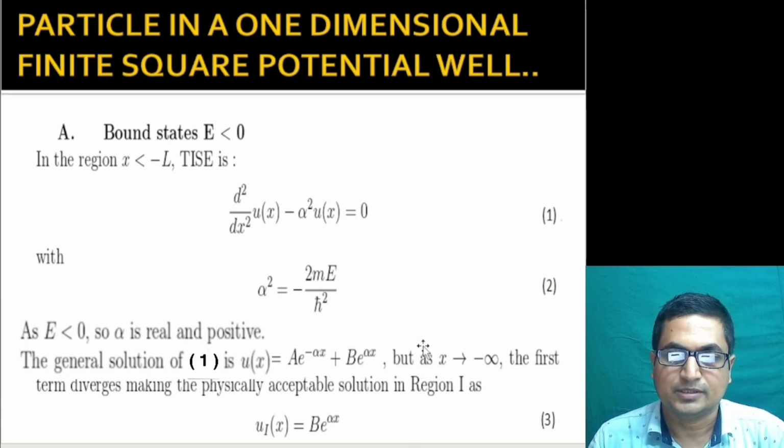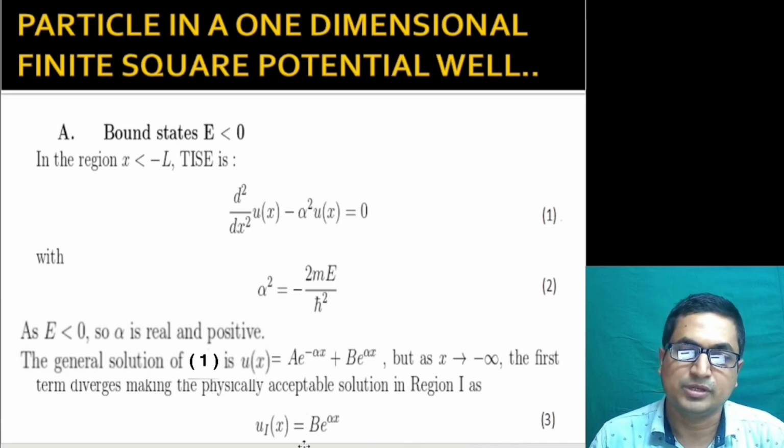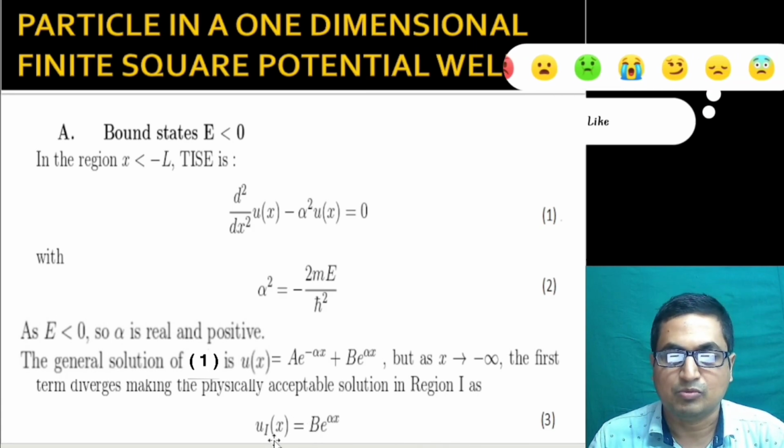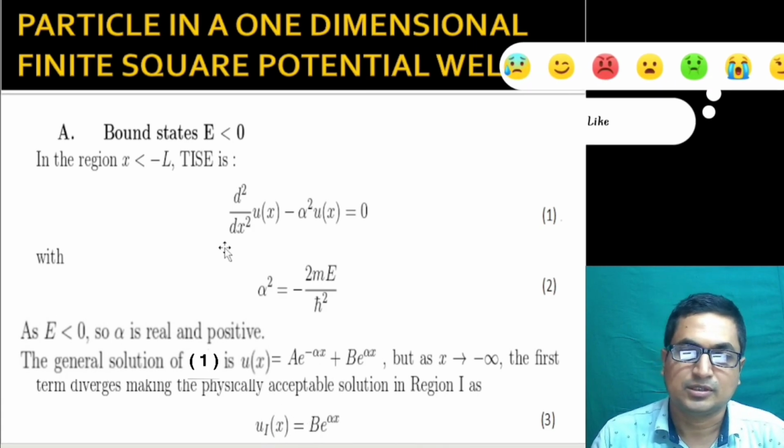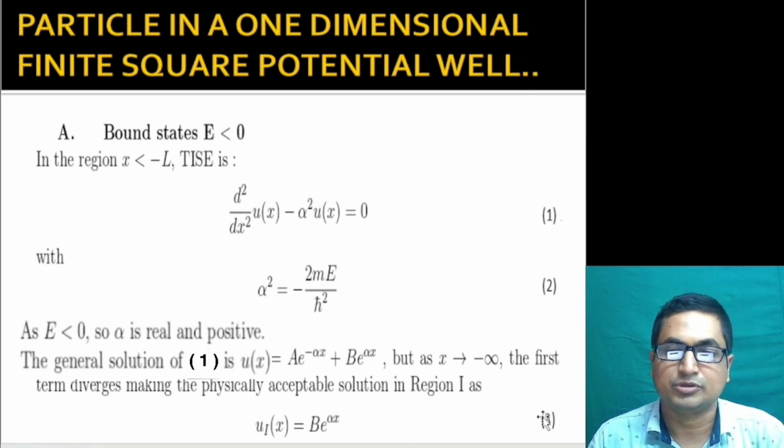Now the general solution of equation 1 is this, and since x tends to minus infinity, the first solution will diverge, because minus infinity will make it plus infinity, so it will be a physically unacceptable solution. So we'll be left only with the solution B e to the power alpha x, representing region number 1, that is x less than minus L. So equation 3 represents the solution for region number 1.